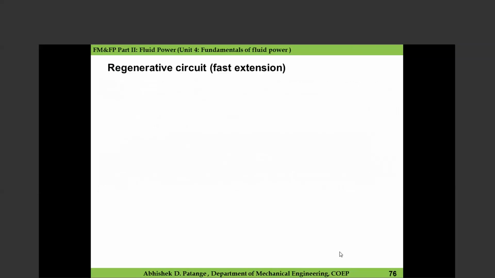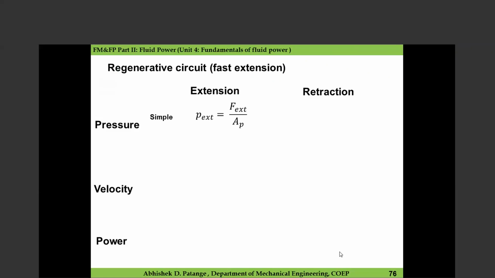Okay, so for the regenerative circuit, let us compare the extension and retraction with respect to various parameters, such as pressure, velocity and power, for the regenerative circuit and for the simple circuit. For the simple circuit, extension pressure depends on the area of piston and the force of extension, whereas for the regenerative circuit, extension pressure depends on the rod end area and the force acting on the connecting rod.